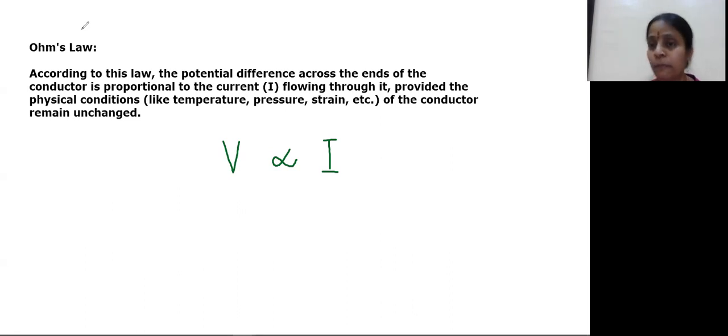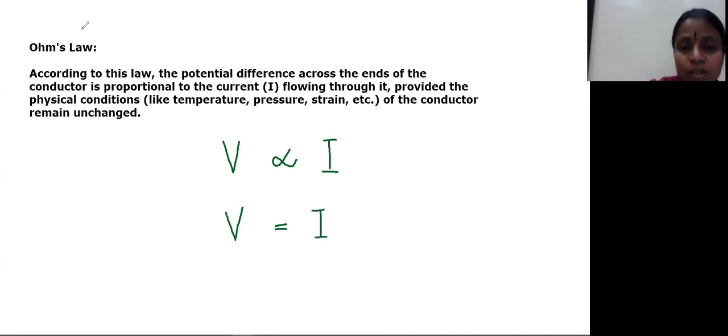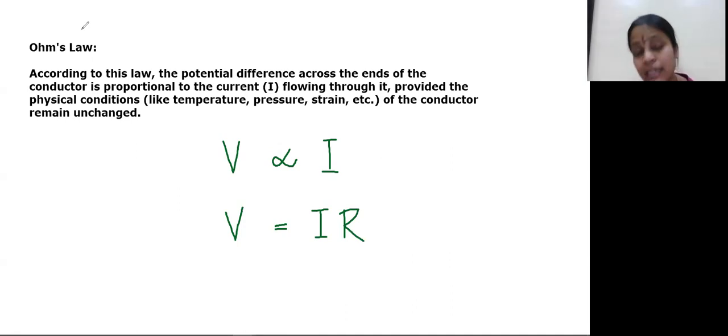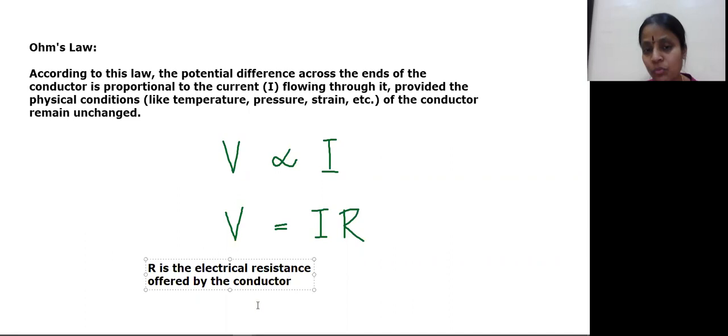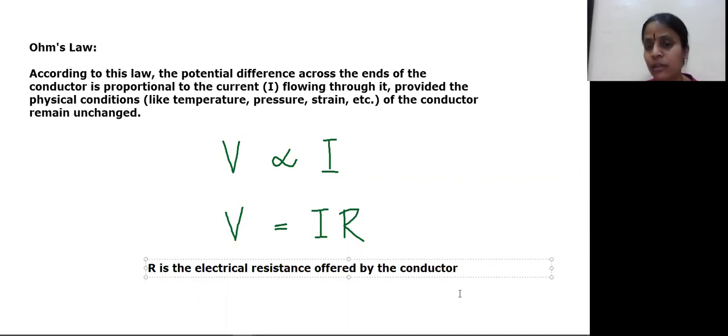So V is proportional to I. And again, in lower classes, you have been told that the proportionality constant that we introduce is called R, where R is nothing but the electrical resistance offered by the conductor. Is that clear? So that is what you have studied. This has to be recalled, and I hope many of you would not have forgotten it because you have done it again and again in grade 10.